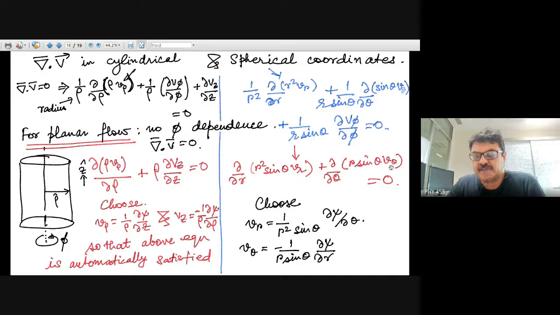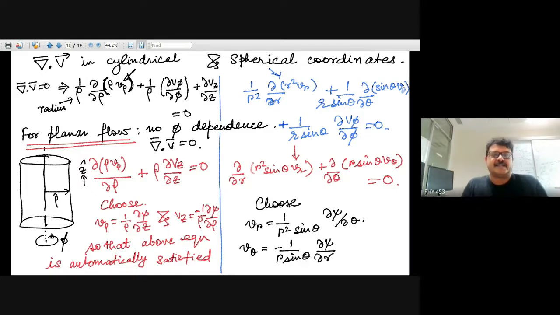And correspondingly, v theta, you have r sine theta in the numerator, you choose minus 1 by r sine theta, and it comes with a minus sign, the sum has to be 0. You choose del psi del r, then again this will be exactly equal to 0.